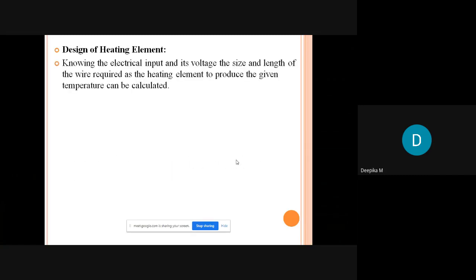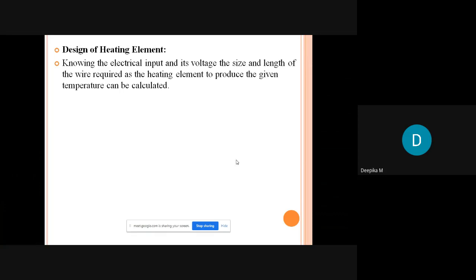Here, first of all, we are going to assume that the electrical input and its voltage will be known. This will be taken as an assumption, a known factor.